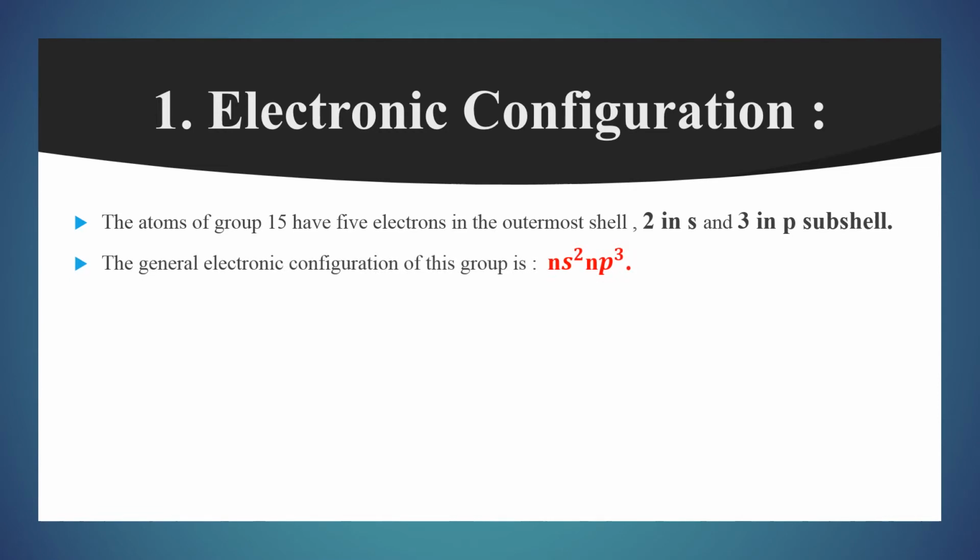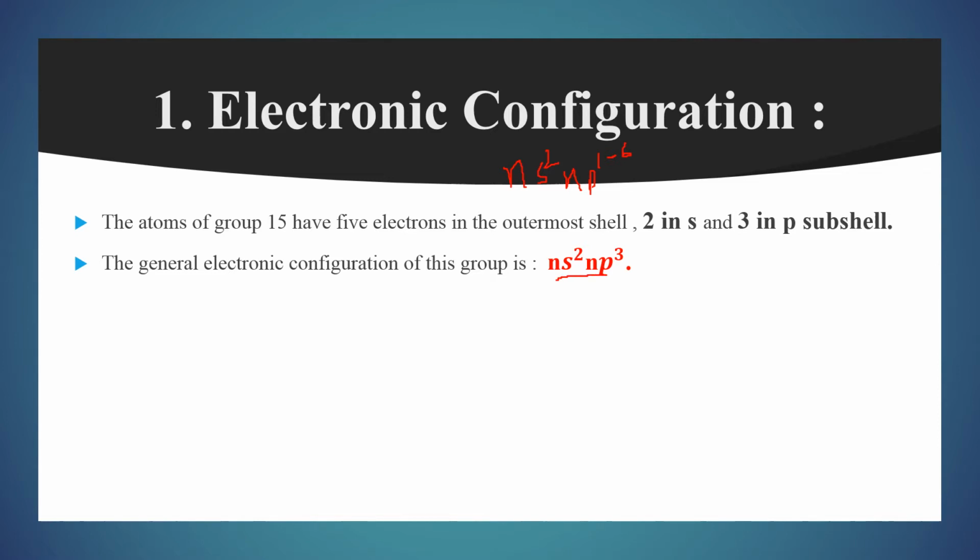Due to this, the electronic configuration of this group is ns2 np3, and we know that the general electronic configuration for a P block element is ns2 np1-6, and for group 15 it comes to be ns2 np3.